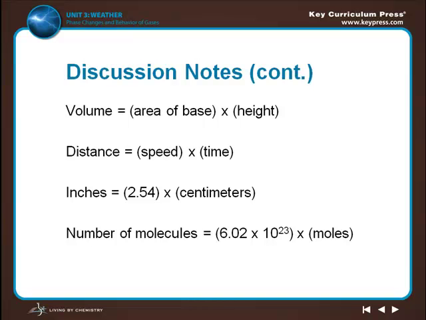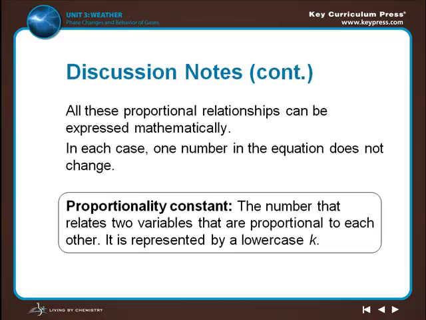These constant numbers are called proportionality constants. This is the number that relates two variables that are proportional to one another, and it is usually represented by a lowercase k, representing a proportionality constant. So the 2.54 was a proportionality constant between centimeters and inches.